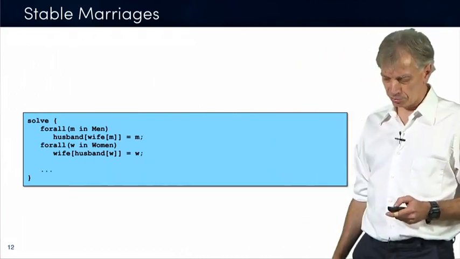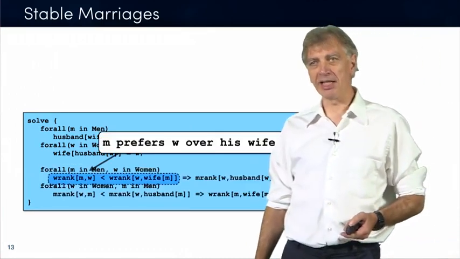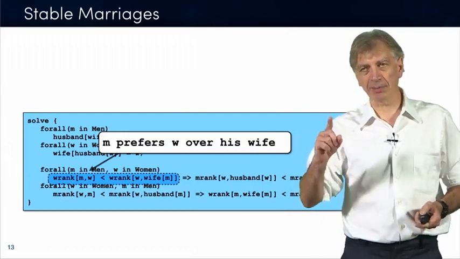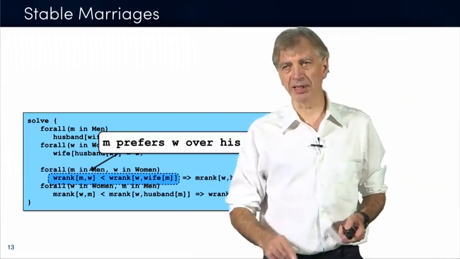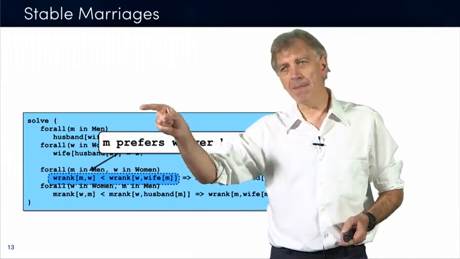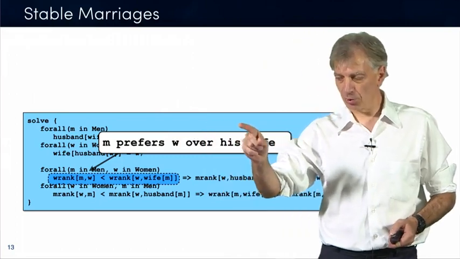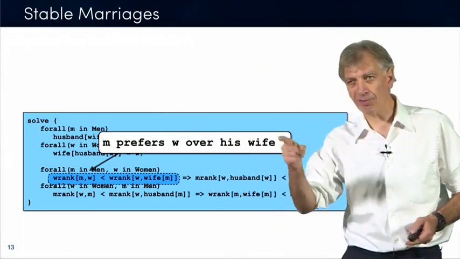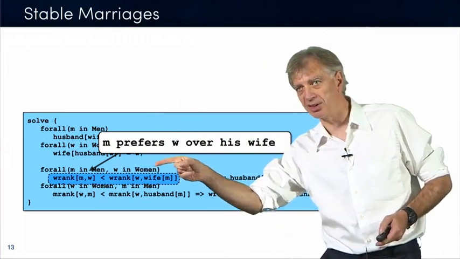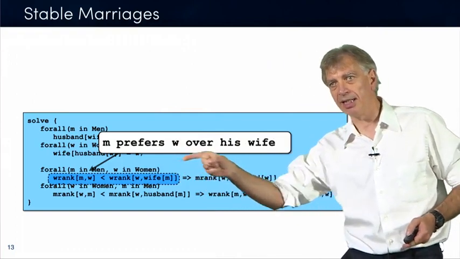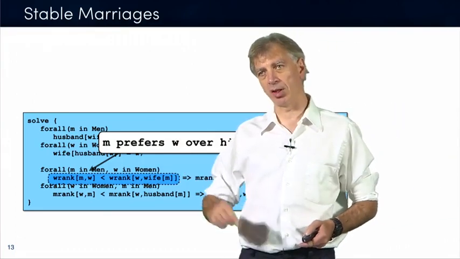So what you see here is the first stability rule. And what this means is that M prefers W over his wife. That's the left part of this implication.